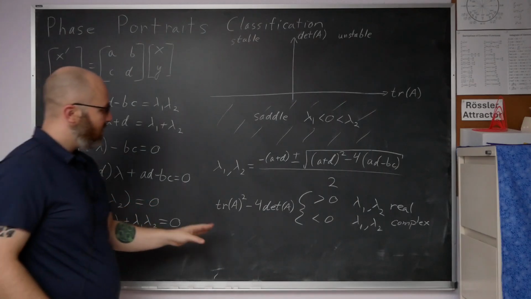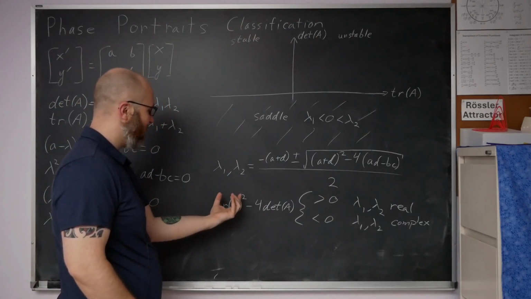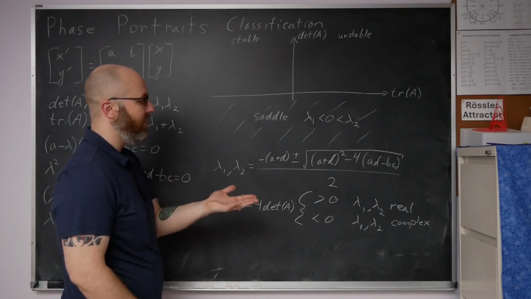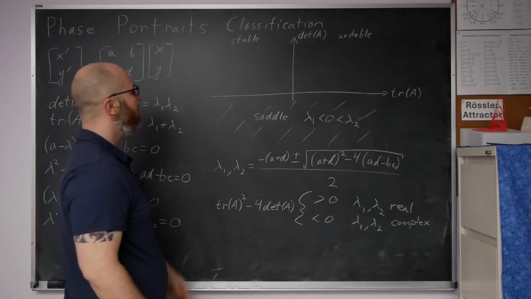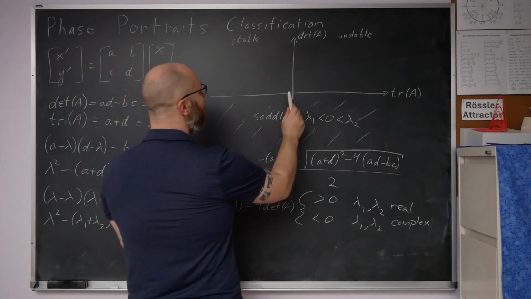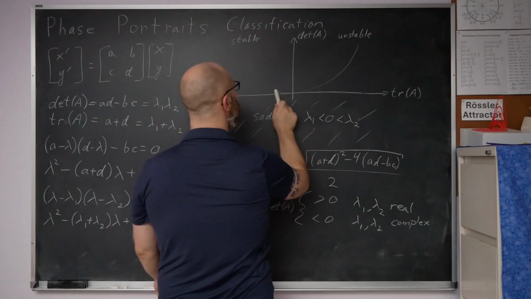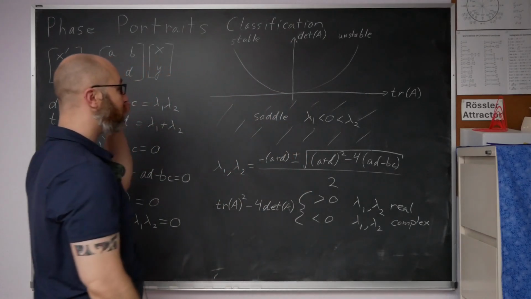So, okay, the boundary is in between. If I have the trace of A squared minus 4 times the determinant of A equal to 0, that should separate out the spirals from the nodes. So that's a parabola, and it's going to look something like that.